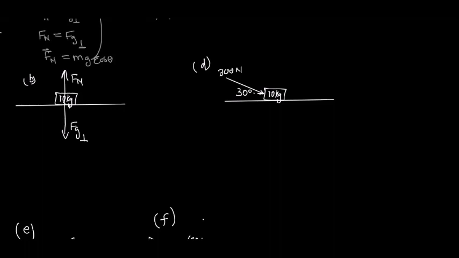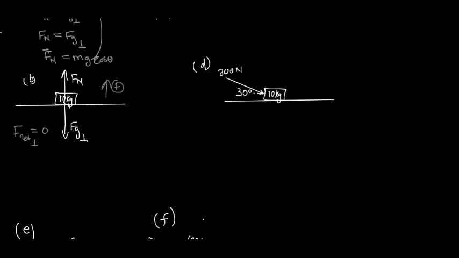If we choose up to be positive, we already know that F net perpendicular is equal to 0.